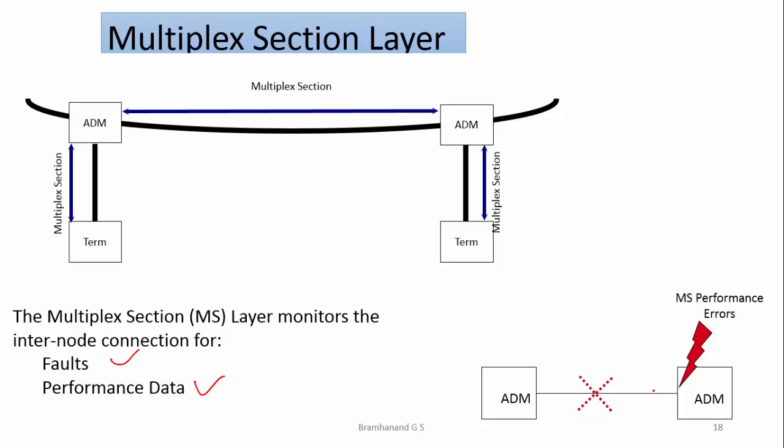This information would be communicated to the user through the network management layer functionalities, which we are going to discuss later. So the multiplex section keeps monitoring the faults and the performance data, which is communicated to the end user and the operator who is managing the network.